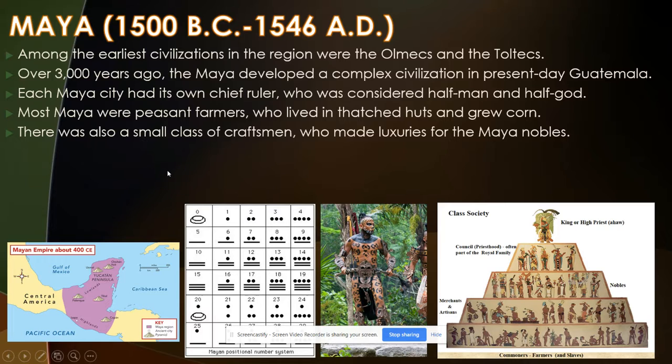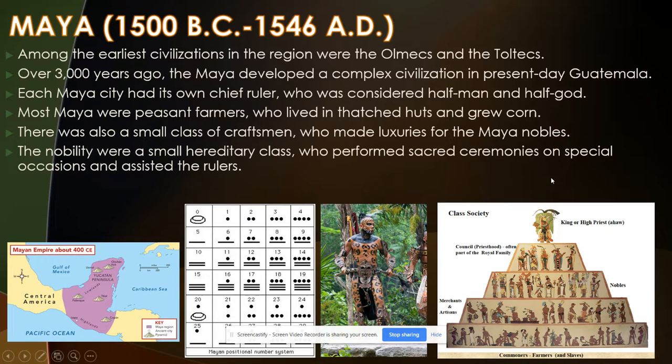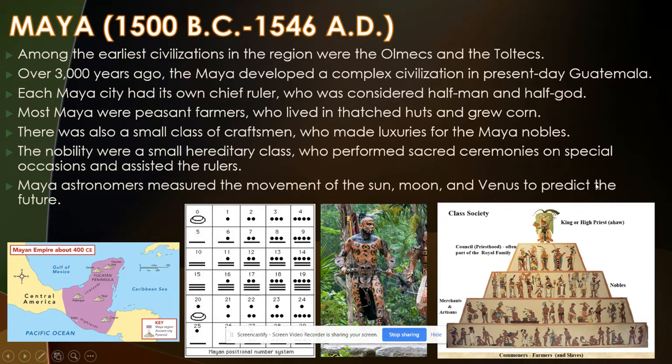There's also a small class of craftsmen who made luxury goods for the nobles, which we've talked about a lot already. So the nobles, the landowners, the wealthy, and at the top you're going to have the royal family. The nobility were a small hereditary class, so they got their power from their parents, who performed sacred ceremonies on special occasions and assisted the rulers. Mayan astronomers measured the movements of the sun, moon, and Venus to predict the future.